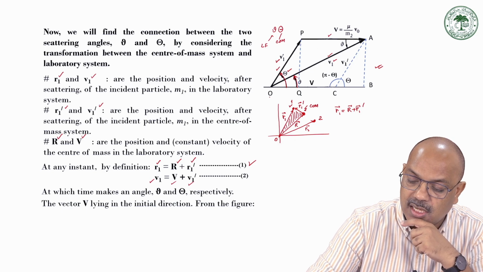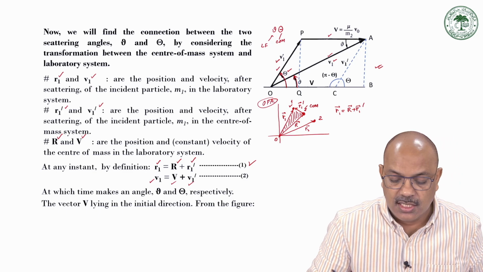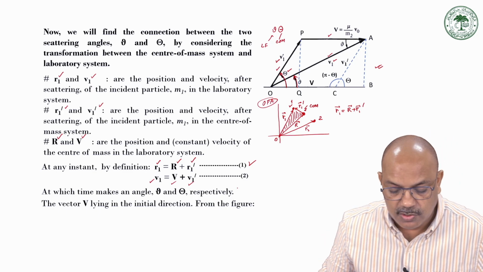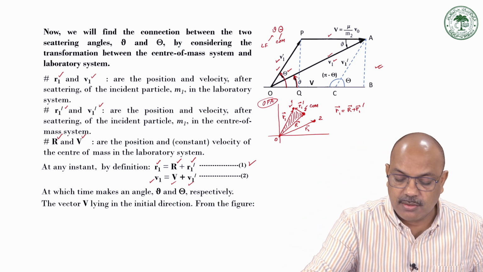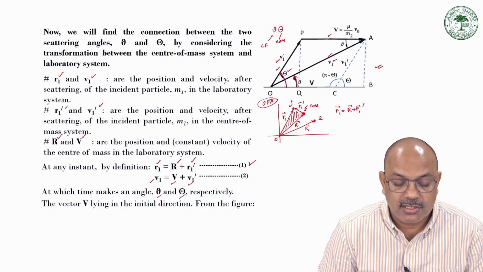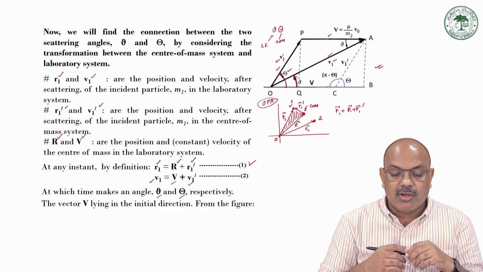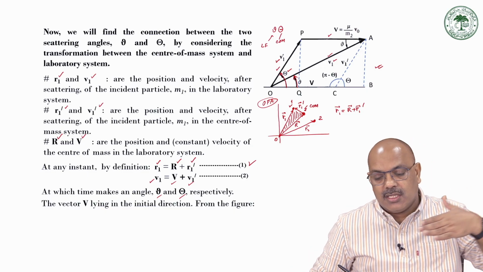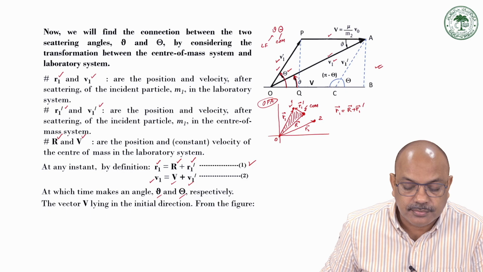In triangle OPA, you see that V1 equals V plus V1 prime, and these make angles theta and capital theta respectively, and the vector V is lying in the initial direction from the figure, because the velocity of the center of mass is translational.